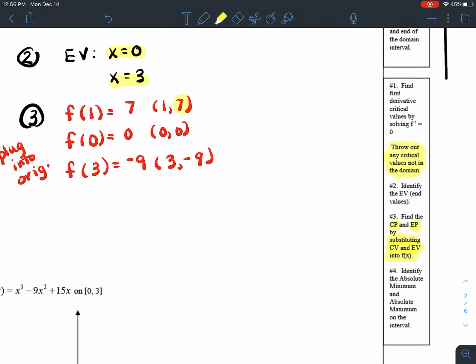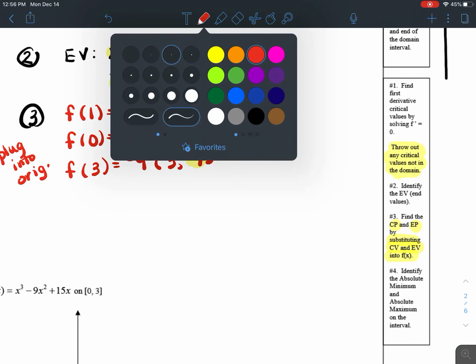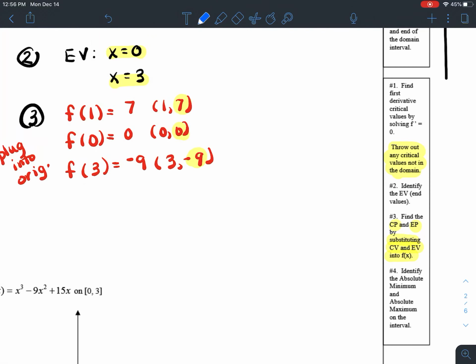So when you're comparing these, you're comparing the y values. The highest value is 7, so that is the absolute max point on the interval from 0 to 3. And the negative 9 is the lowest, so that's my absolute minimum on the interval from 0 to 3.